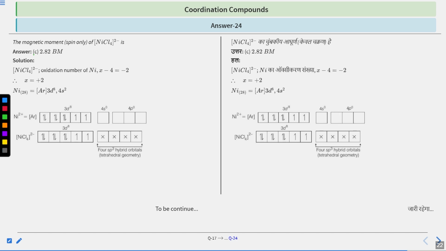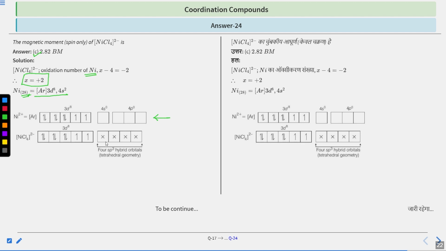The correct answer is option C, that is 2.82 BM. So in NiCl4 2 negative, the oxidation number of nickel X is equal to +2. And nickel is having atomic number 28, so the noble gas configuration will be argon 3d8 4s2. But for the Ni2 positive, this will be the orbital configuration 3d8 4s0 4p0.